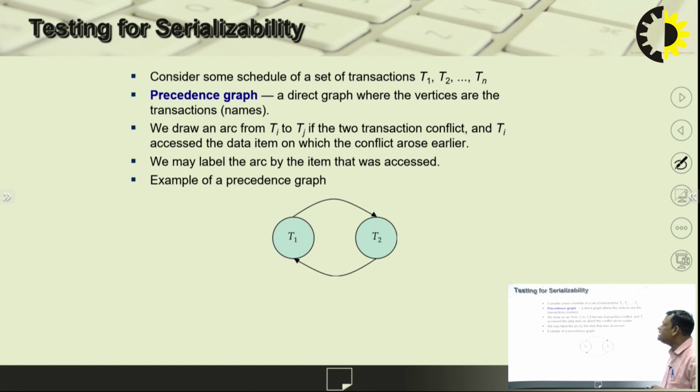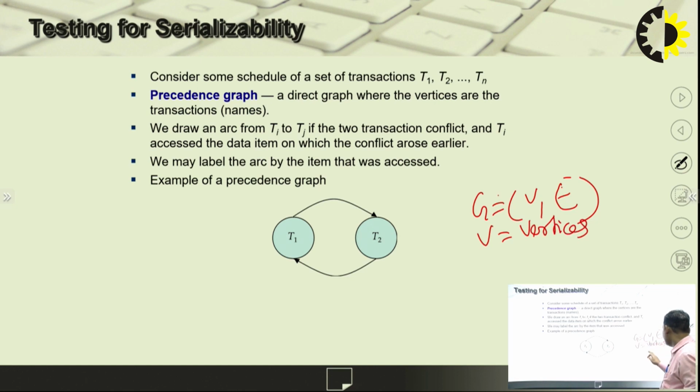For testing serializability, a graph is used, G equal to V and E, where V equals the vertices and E equals the edges of the graph, and the transaction number is a transaction state.